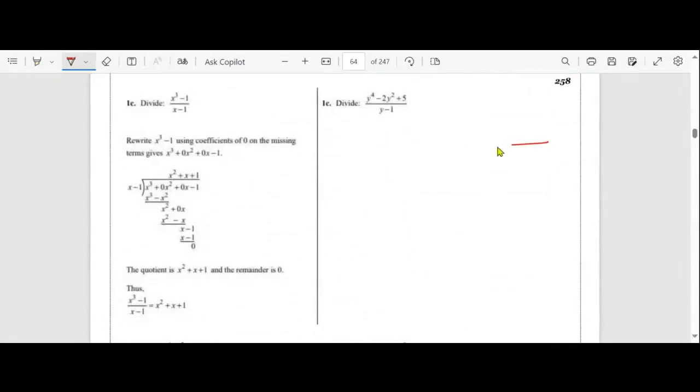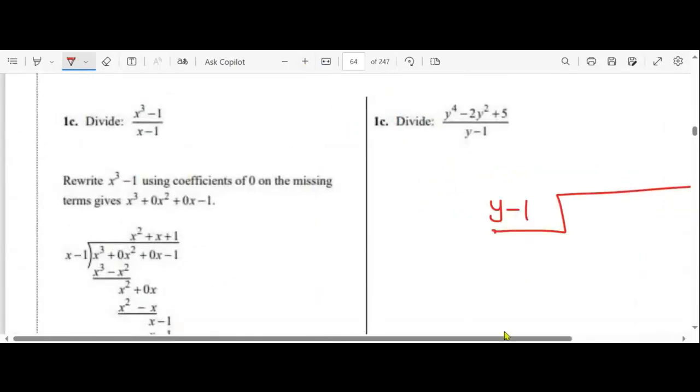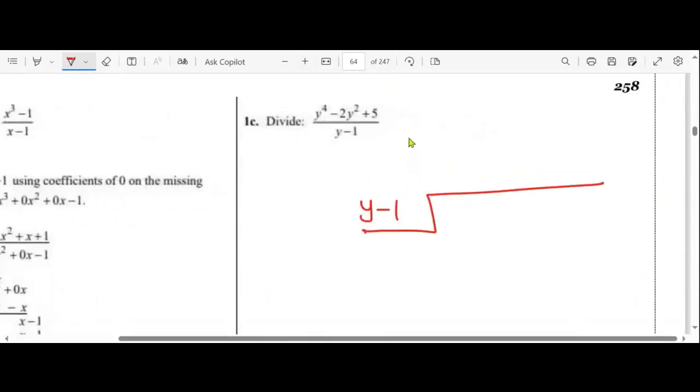Ready? Which one is the divisor? Y minus 1. Which one is the dividend? Y to the power of 4 minus 2y to the power of 2. Is this in order? It's not in order. Y to the power 4. Where is y to the power 3?